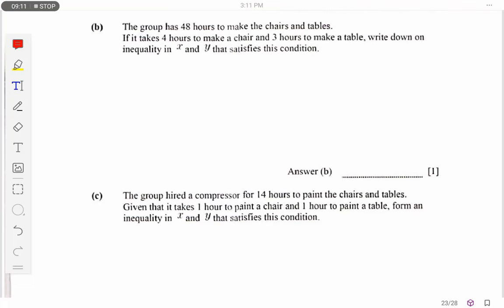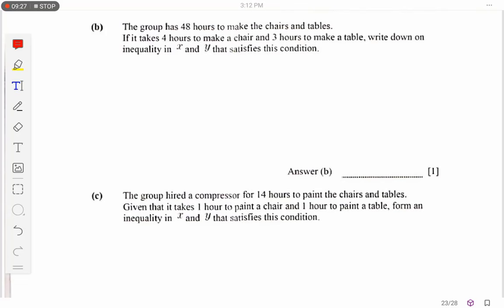Then the other one: the group has 48 hours to make the chairs. They are saying it takes 4 hours to make a chair and 3 hours to make a table.